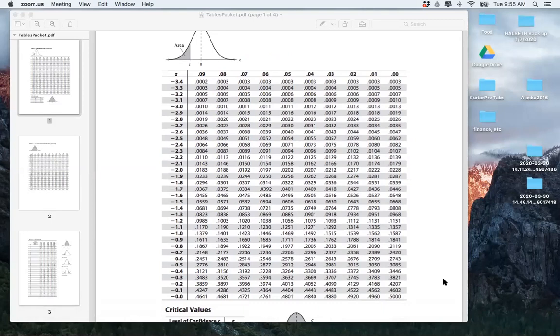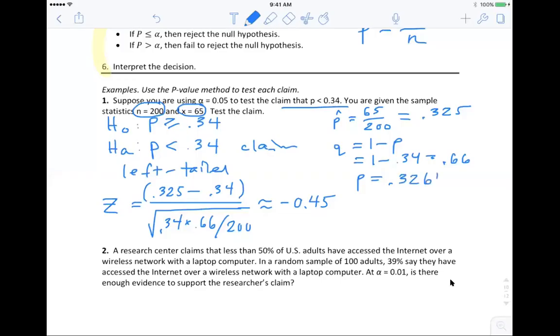P-value is 0.3264. Is that right? Okay. Next, what do we do? This all should be the same as what we've been doing with p-value methods. Compare to alpha.